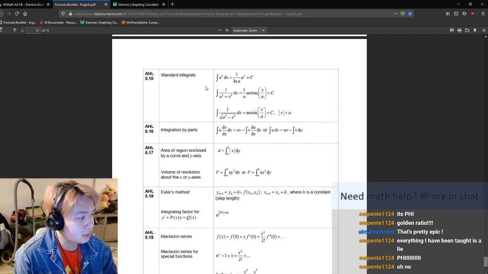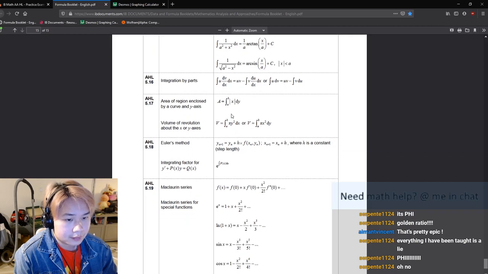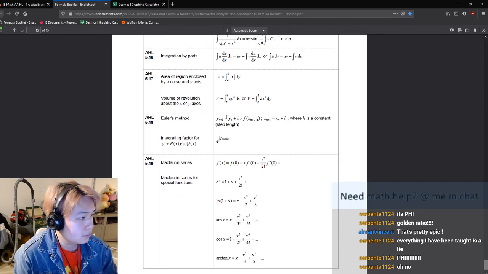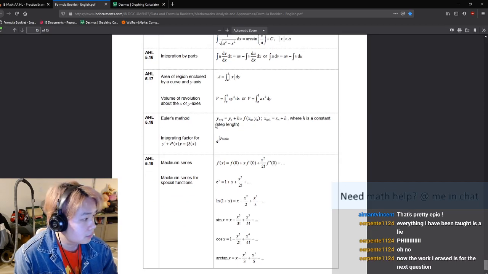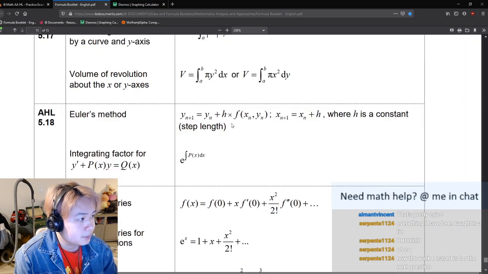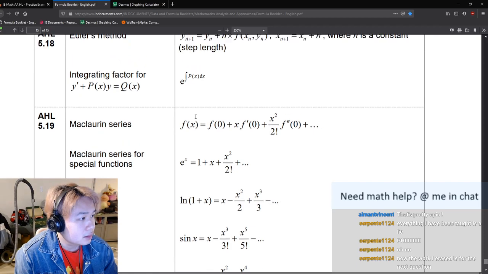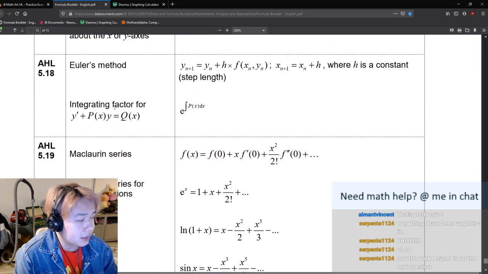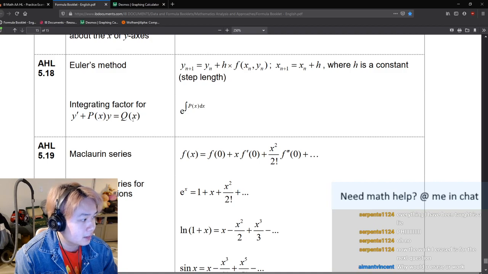Oh no? What's oh no? Now the work I erase for is for the next question. Oh no. Okay, I guess you only have integrating factor. So let's see if you can collect your y's on one side and have the other side just be x's.